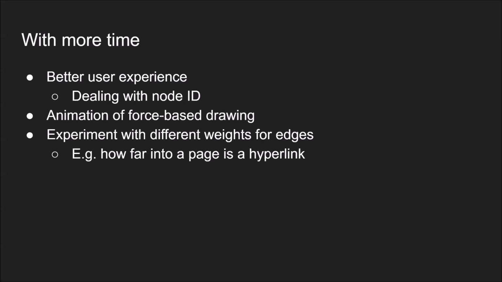But if, for example, we could mine or find a data set that tells us how many words into a page a hyperlink is, then we could have other meaningful ways to relate web pages to each other.